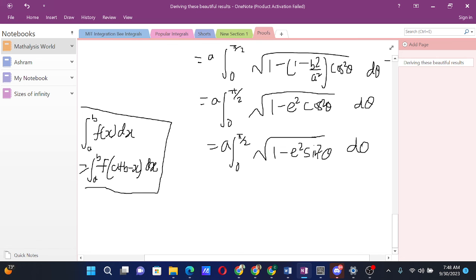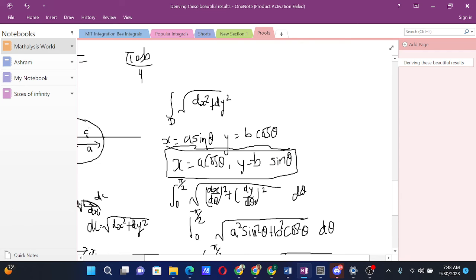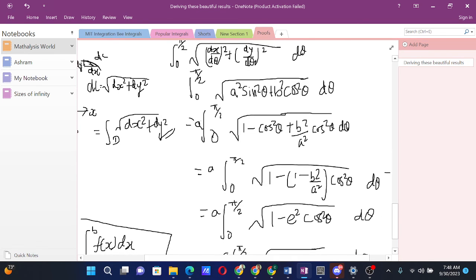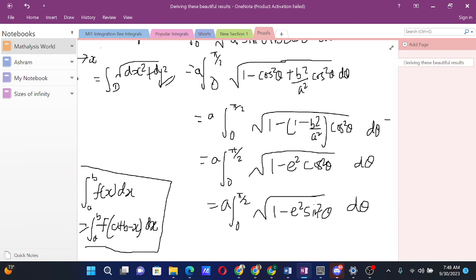So this is the length of the arc for only one quarter of the ellipse, only this first quarter, and for all 4 quarters we need to multiply this by 4. So we get the circumference of the ellipse to be 4 times a, the integration from 0 to pi by 2 of the root of 1 minus e square sine square theta, d theta.